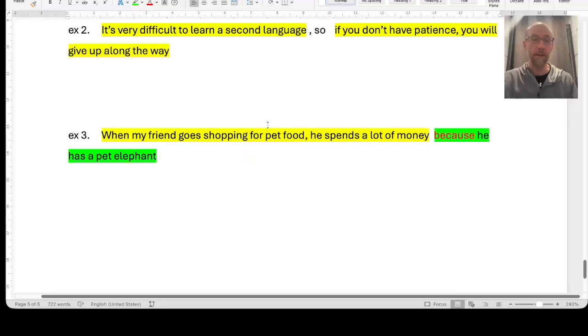We just go like this, and we put a period at the end. So anyway, I hope that gives you a few examples of how you can make longer sentences that have 3 or 4 or 5 clauses using our rules.